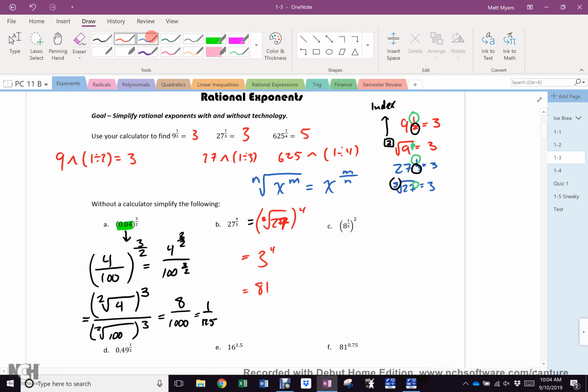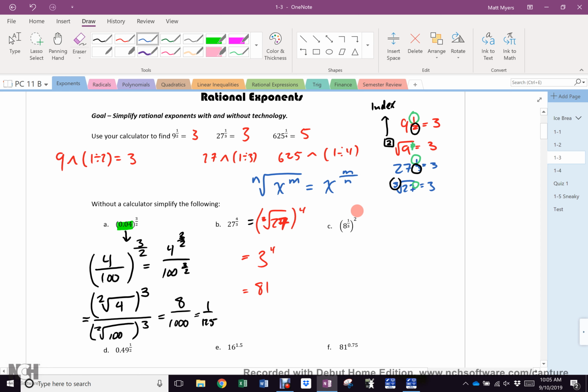What's weird about C? It's got 2 exponents, right? But again, we know what to do. If I had 8 cubed squared, what would I do with the 2 and the 3? So what am I going to do here? What am I going to do here? Multiply.